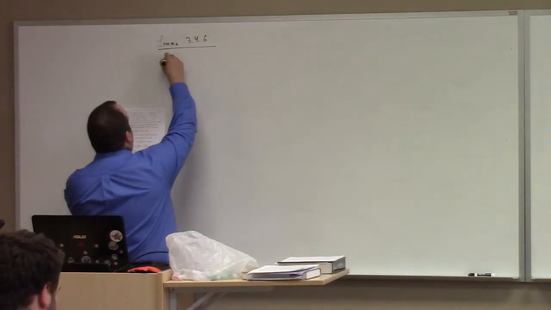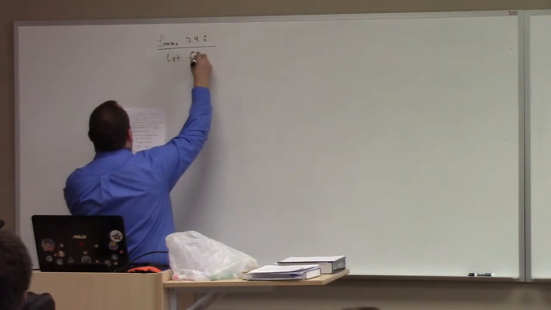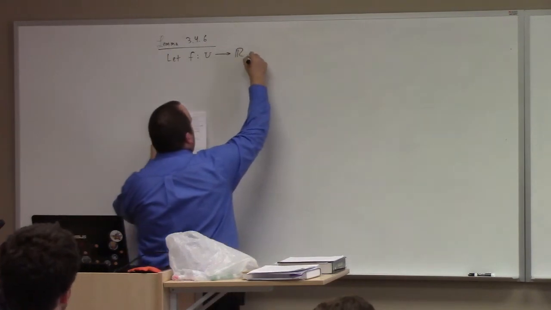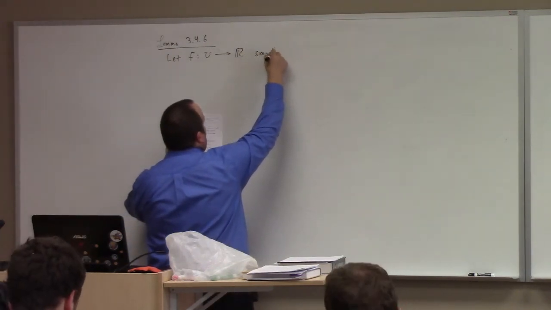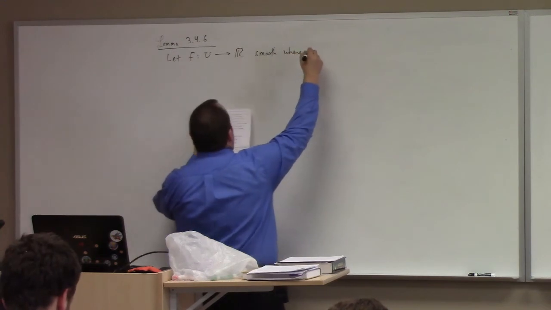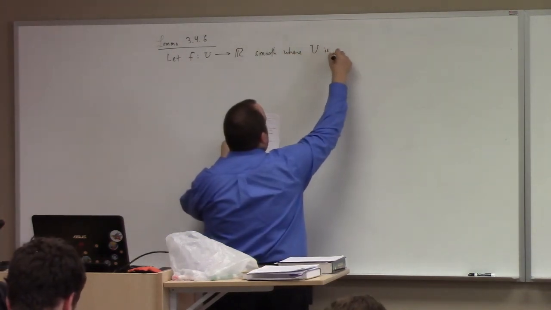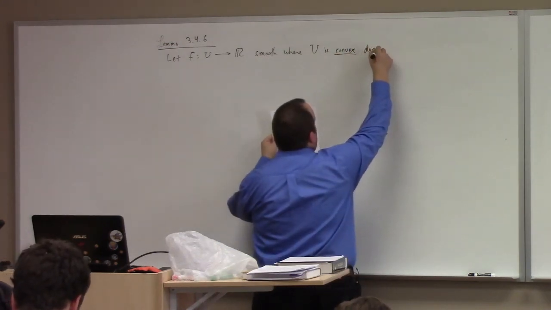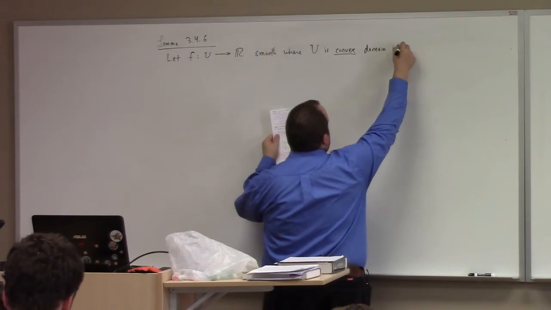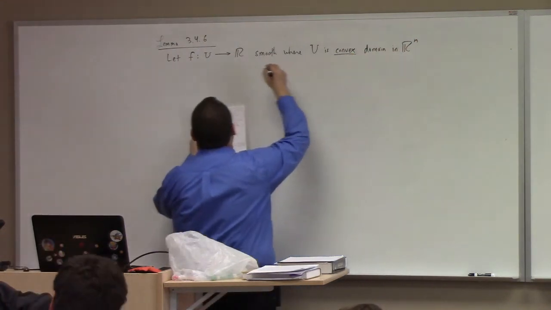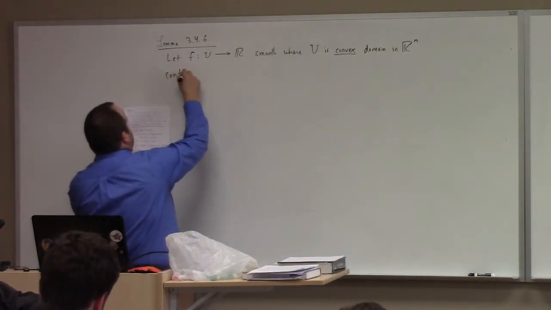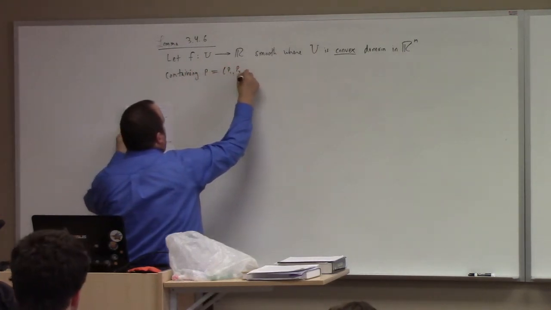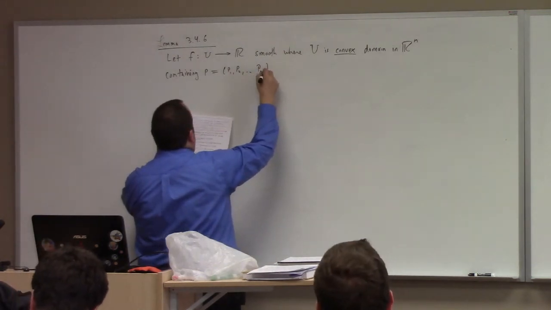And it has f from U to the reals smooth, where U is a convex domain in R^n containing p.